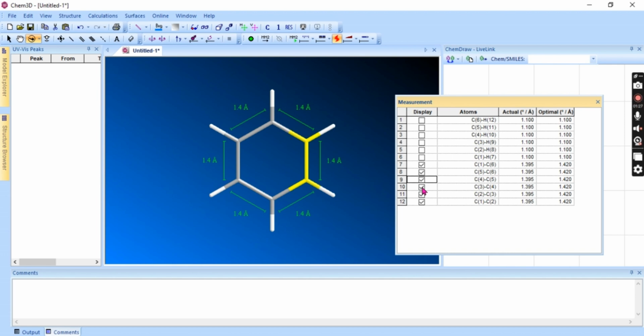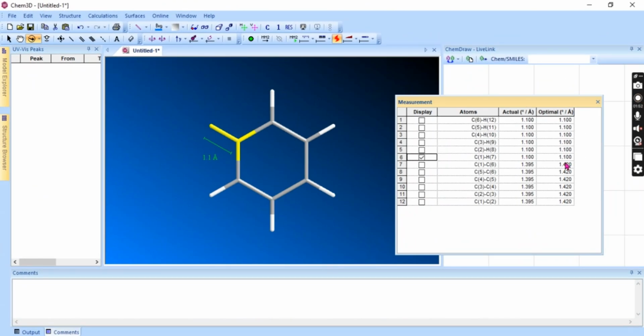And if we check carbon to hydrogen, the bond length is 1.1 angstrom, which is the optimal value.